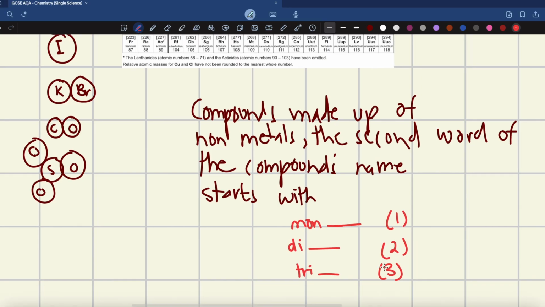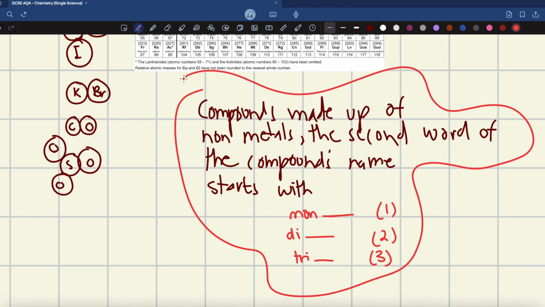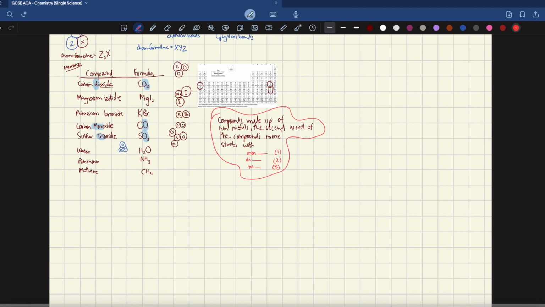This shows the number of atoms of this element for every 1 atom of the first element in the name. So for carbon dioxide, there are 2 oxygen atoms for every carbon atom. This is a very important key concept that I want you to make note of.